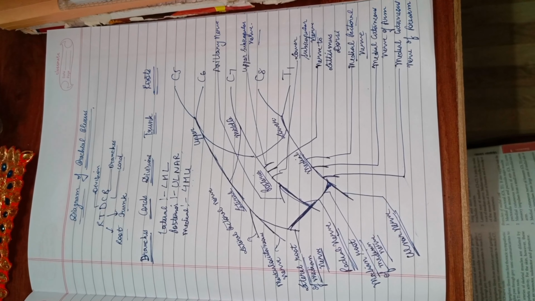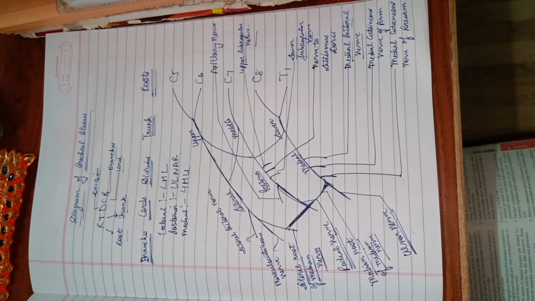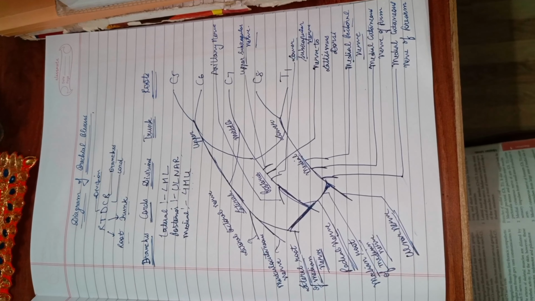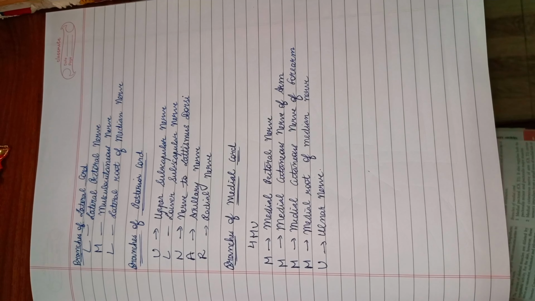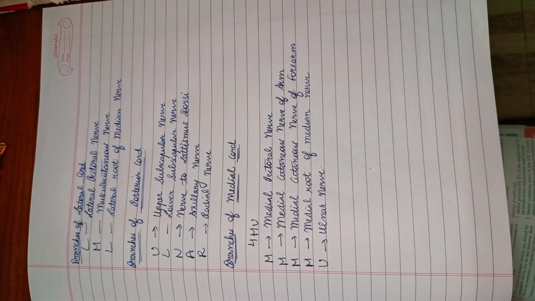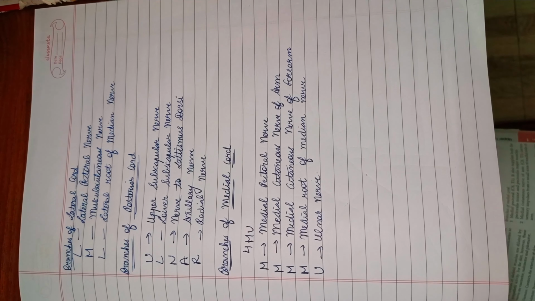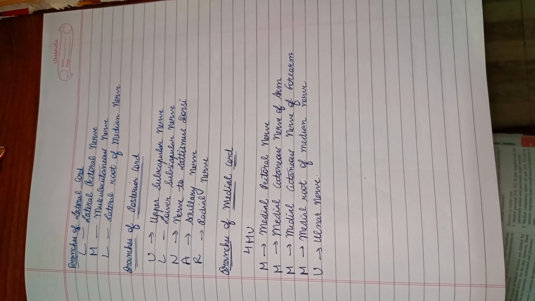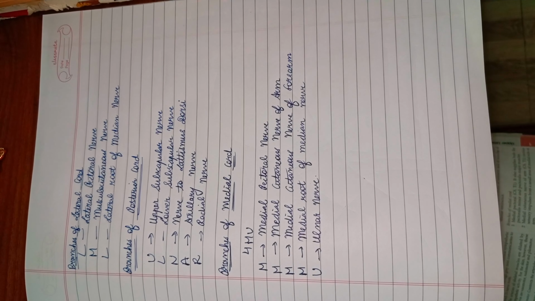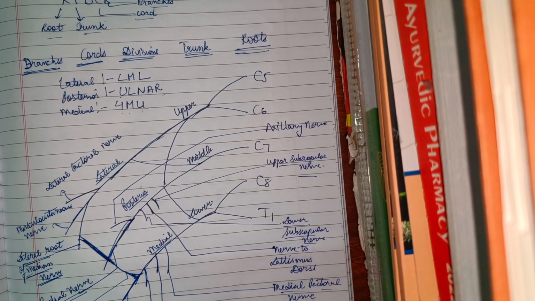Guys, if anybody wants to take a screenshot, I have changed the angle. You can have it. I have written all the mnemonics of the branches. You can take a screenshot of it.